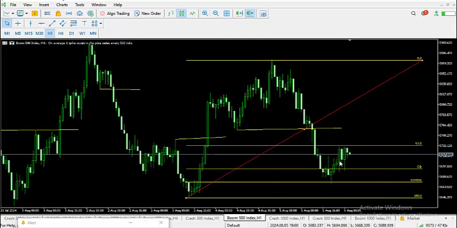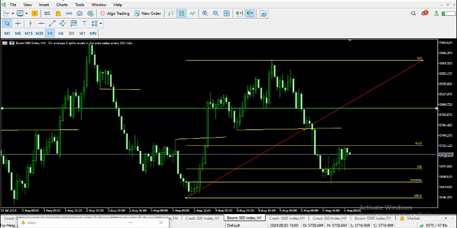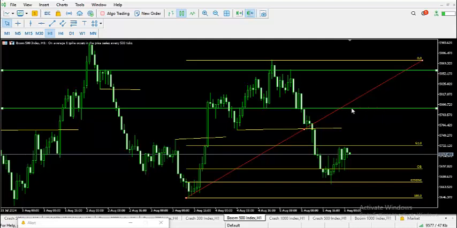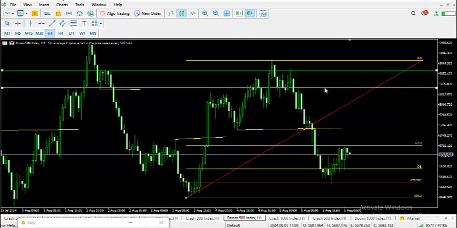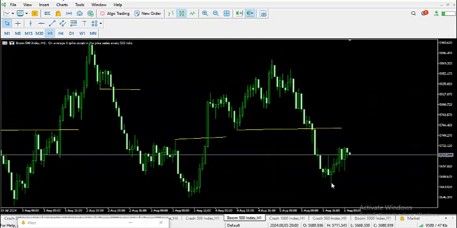Okay, a rejection candlestick, and of course price is coming down here, at least to this extreme order block here. Okay, price is coming down here, and from here price can sell off again. So this is how price moves.